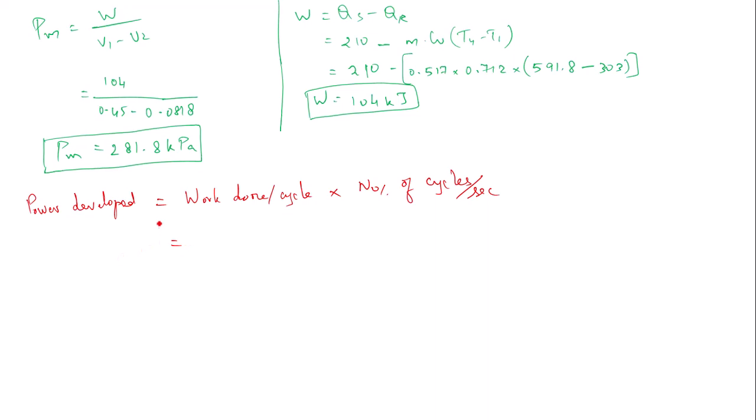Now we have calculated the value of work done per cycle, which is going to be 104 kilojoule, and number of cycles is given as 210 cycles per minute. Okay, but here we need that in seconds.